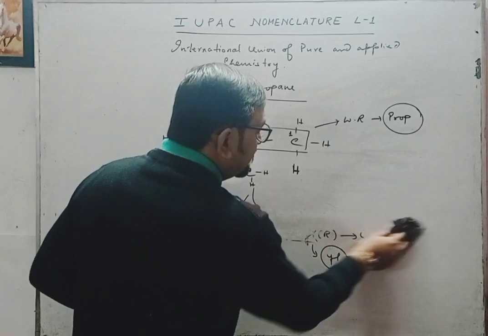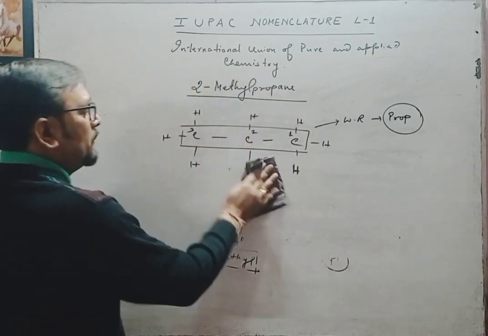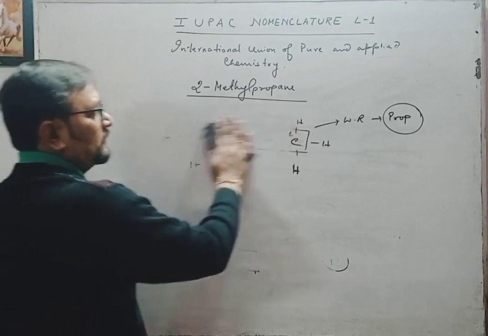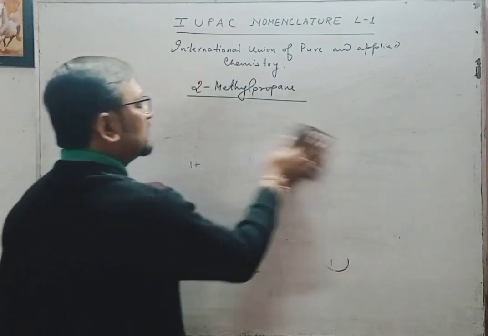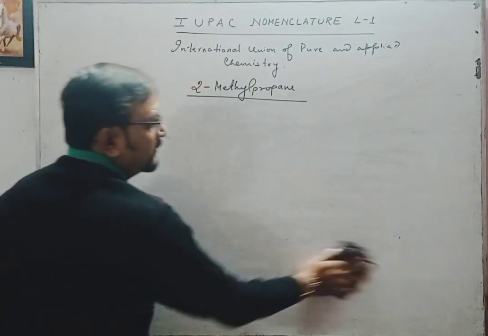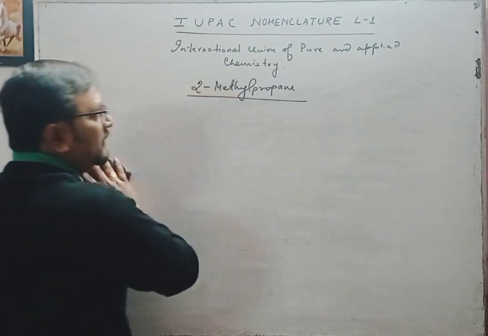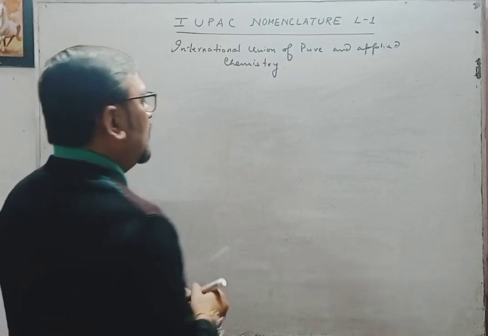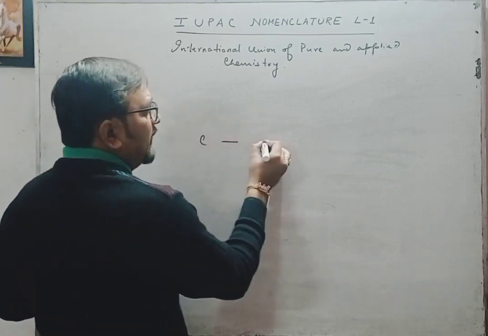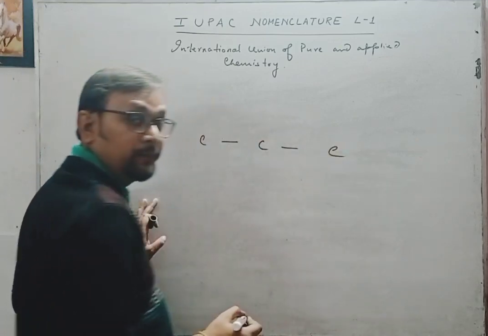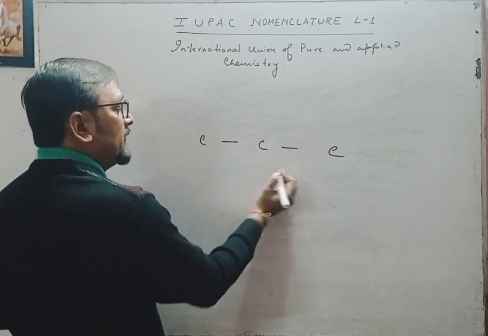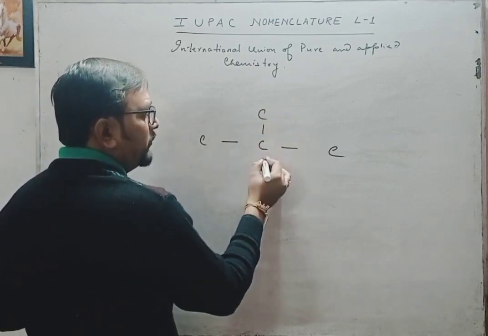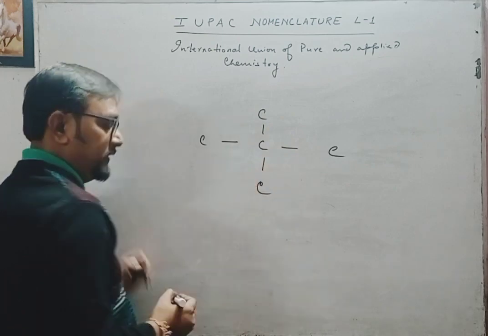So let's discuss another example. Say I will modify the same with more substituents and see what happens. Suppose again I took 3 carbons. This time I have placed one more carbon here and one more carbon here.